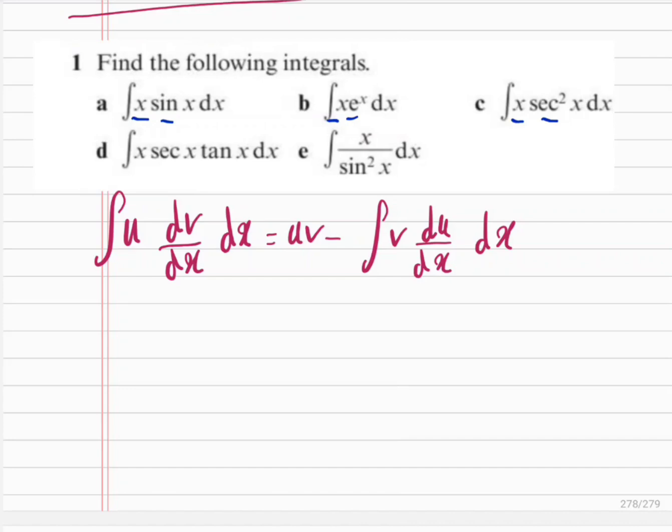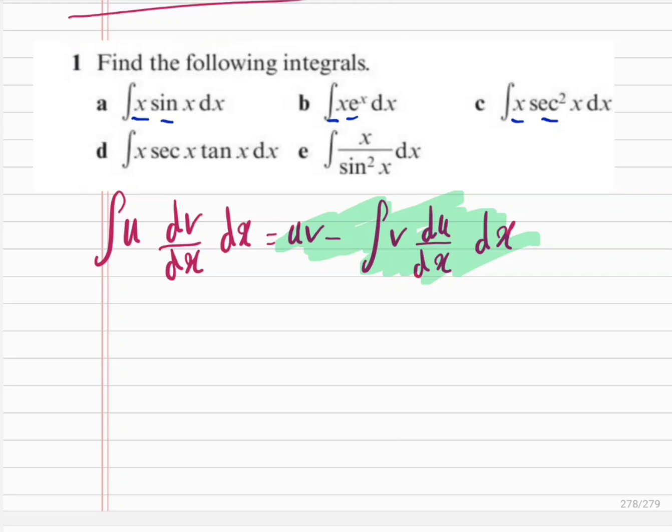The only thing about integration by parts is the formula that we need to memorize, especially the second part of it, which is uv minus the integral of v times du over dx, dx. Essentially, since we have two functions, we need to decide which one is equal to u and which one is equal to dv by dx, and then from there we'll continue.